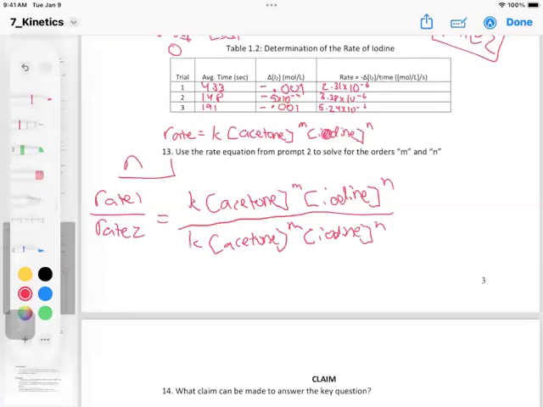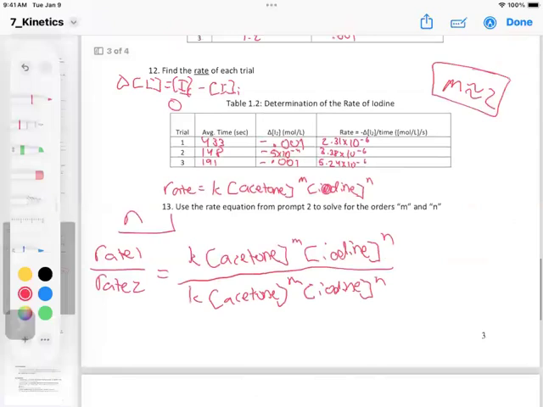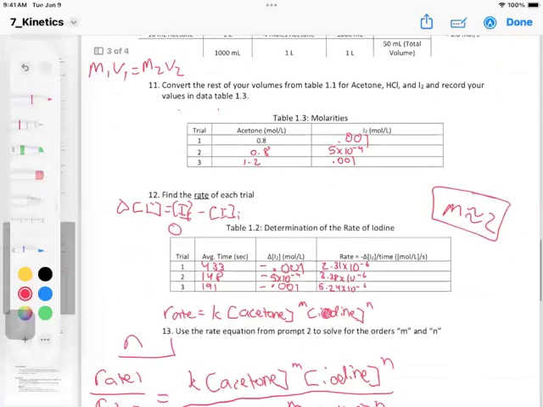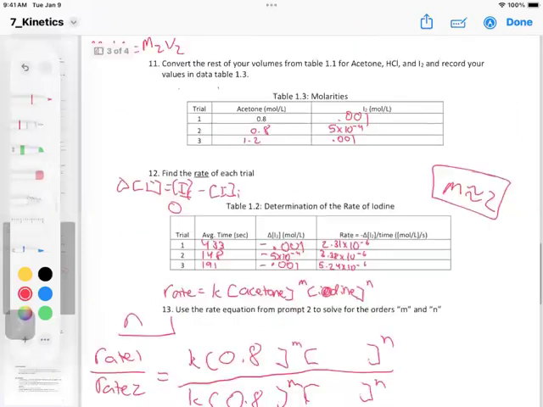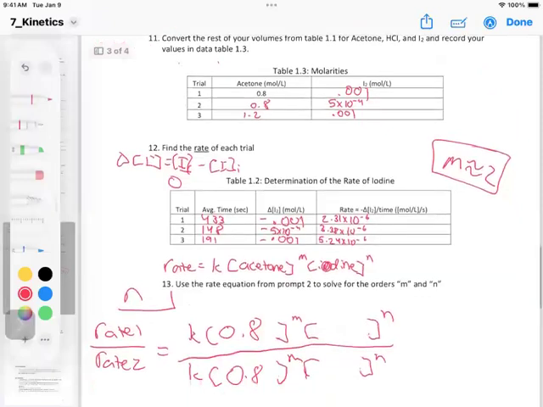In here, so trial 1 concentration of acetone is 0.8, and it's also 0.8 for trial 2. Iodine trial 1 is 0.001.